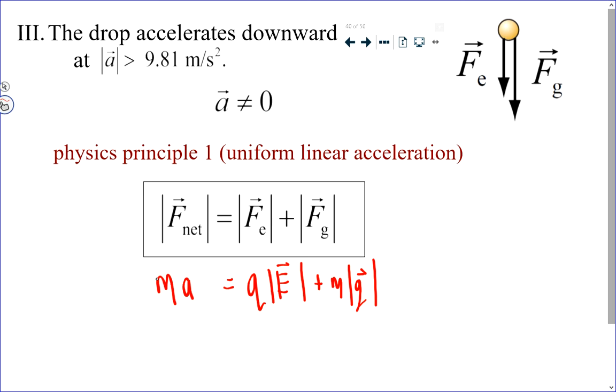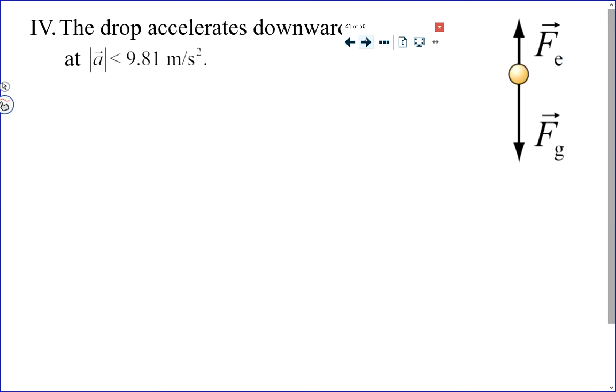The other situation, though, is you could have the drop accelerating down at a rate that's less than 9.81. So maybe the drop is accelerating down at 4 meters per second squared, or 6 meters per second squared.